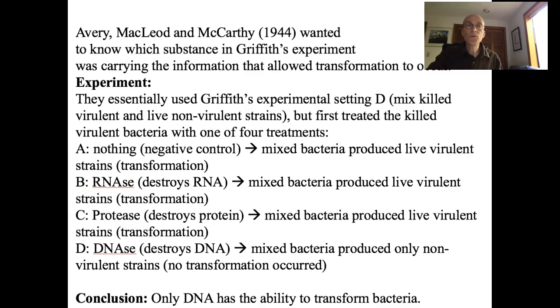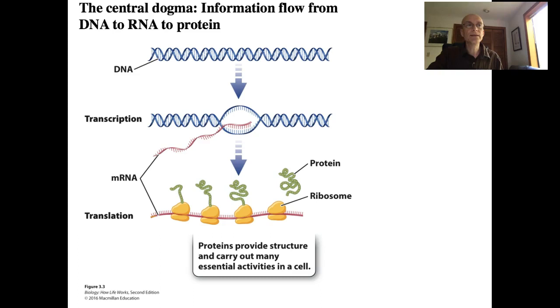Okay, let's forward in time quite a bit, and I'm going to tell you something about what's called the central dogma. So this is an important dogma, a rule, if you will, that was derived from many years of experimentation.